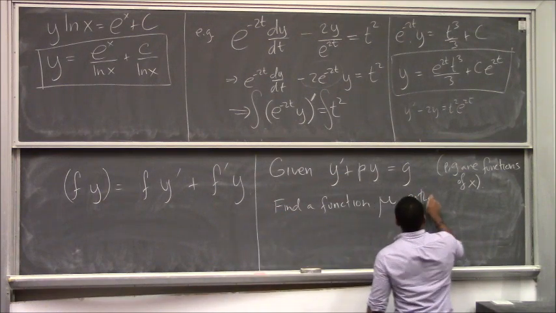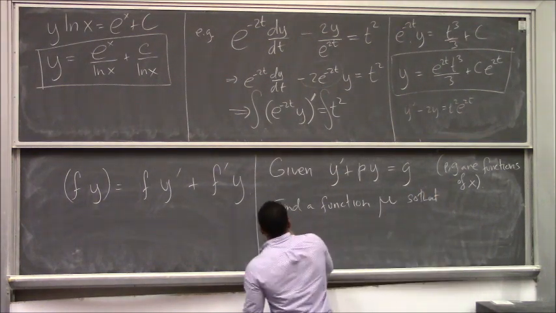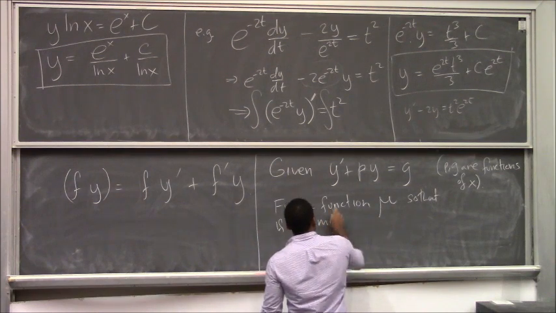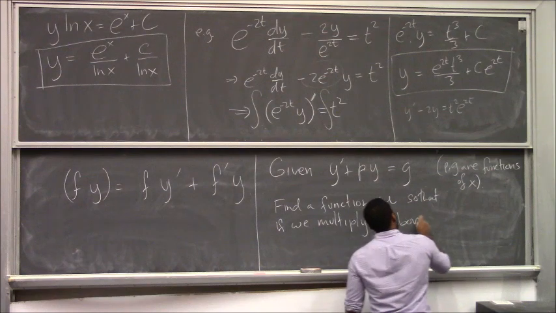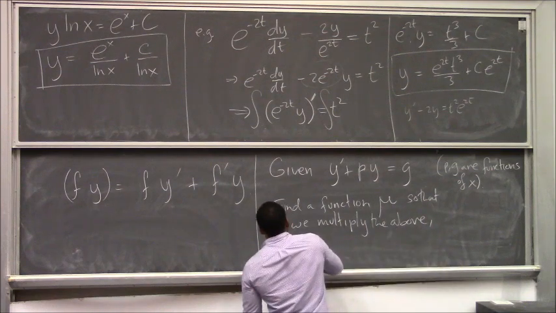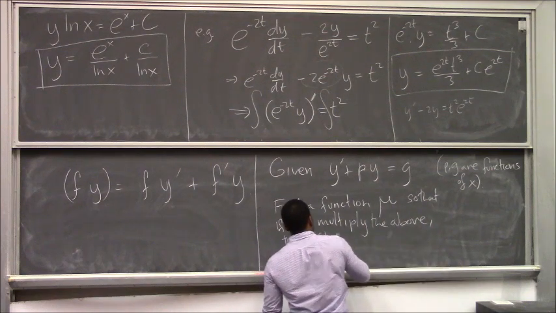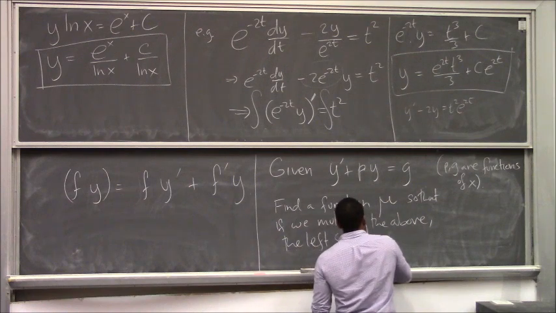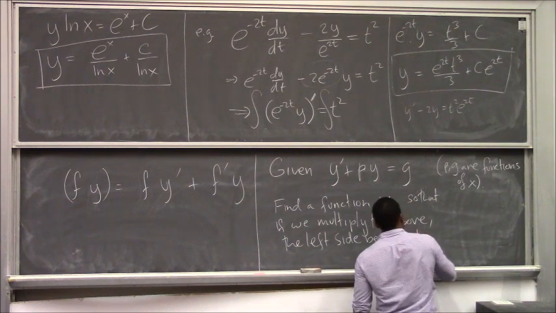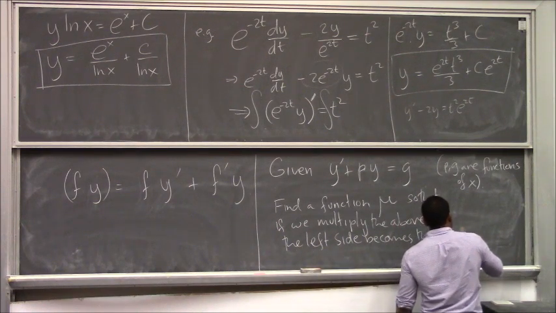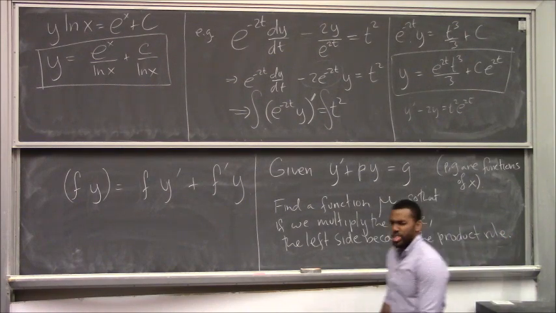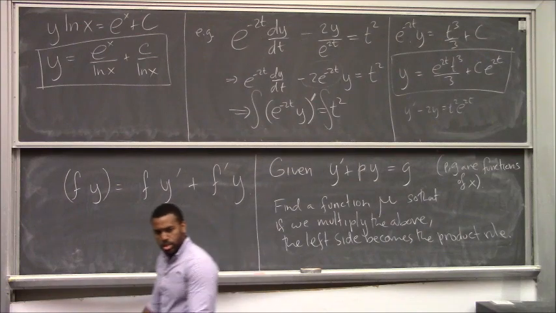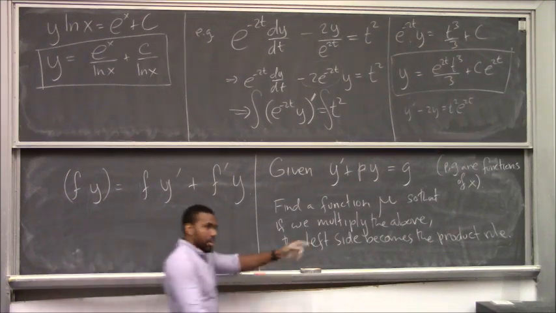So that if we multiply the above, the left side becomes the product rule. And you're like, there's no way that we can always do that. Can we always do that? In theory, yes. And here's how it's going to work.